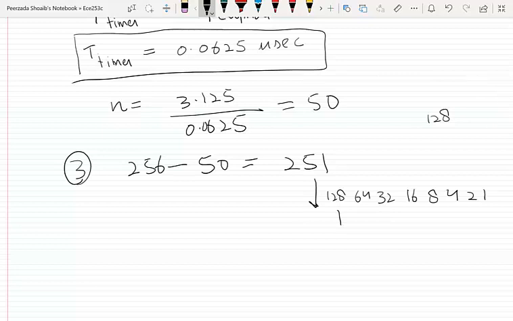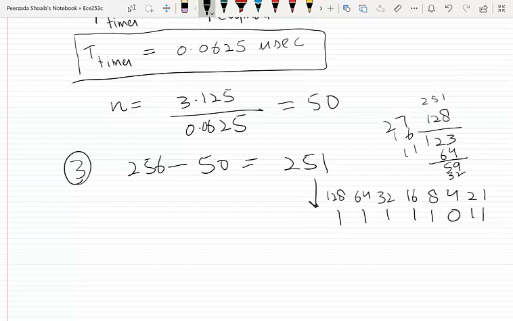Simply do it like this: 128, 251 minus 128 is 123. So I'll write 64 also, then 59, 32 also, 27, 16 also, 11, 8 also, 3, 2 and 1, 0.